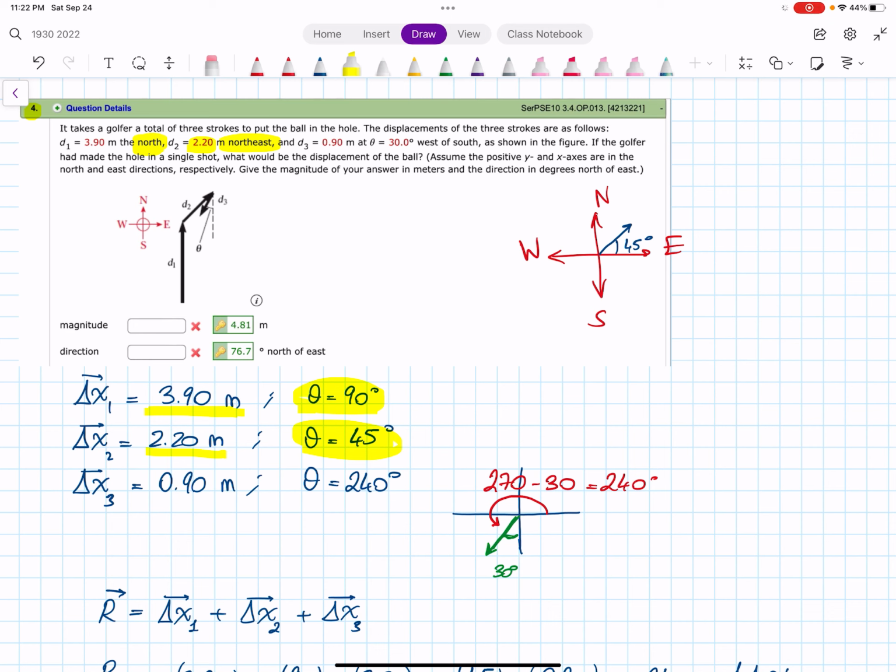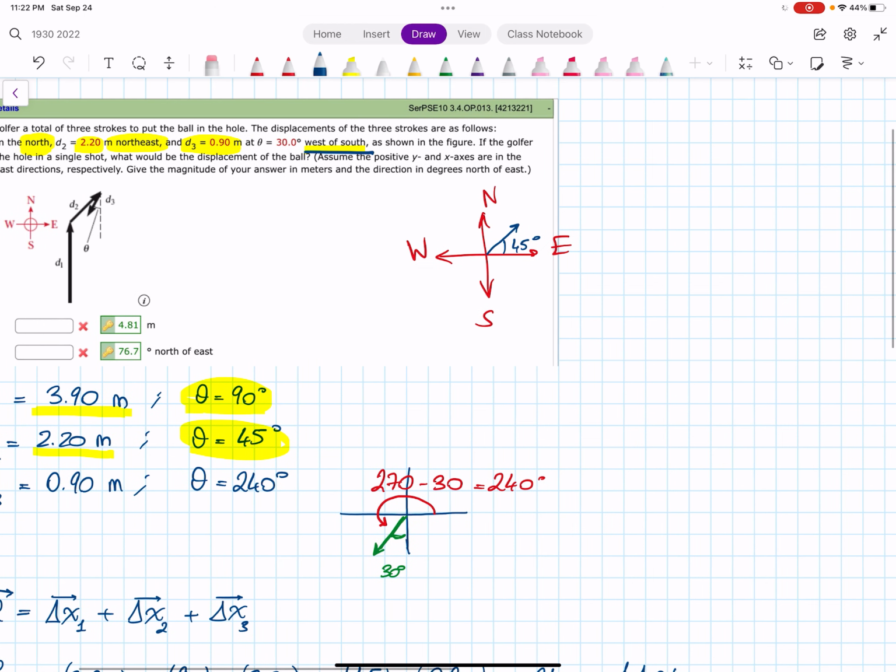And finally, the third displacement vector, 30 degrees west of south. West of south. So everybody, the reference is given to you in terms of south, right? Then you go 30 degrees west of south.